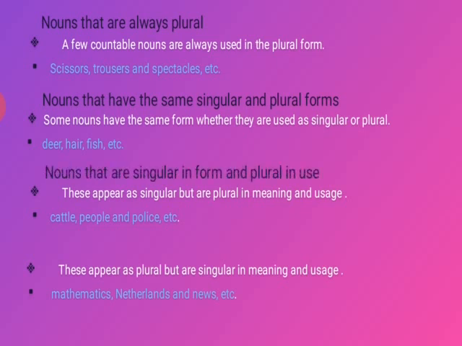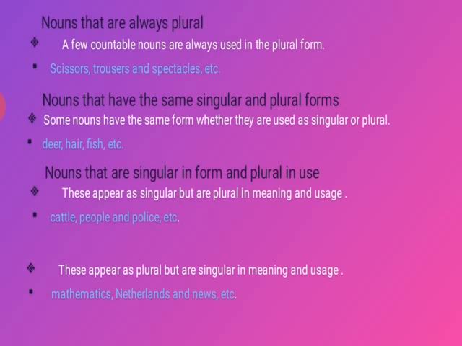Then there are nouns that are singular in form and plural in use. It means that they appear as singular, like cattle. It's not having any S or ES at its end. It is appearing as a singular form, but they are plural in meaning and usage, like cattle, people. So many people together, its meaning and usage is plural, but it appears as singular.